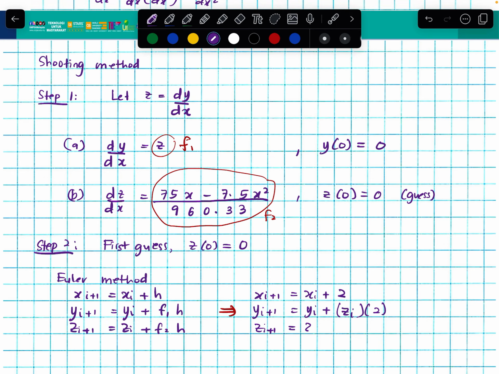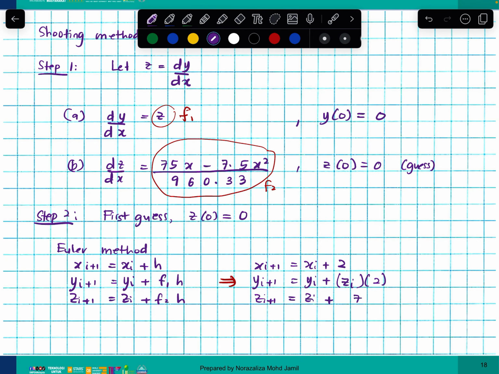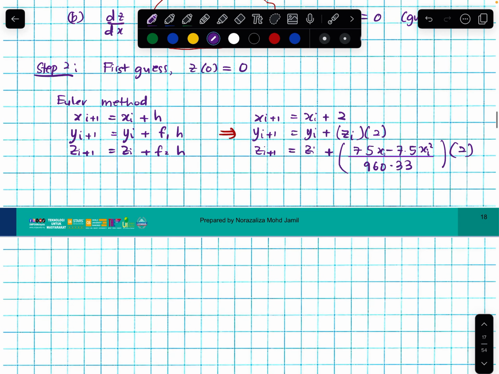z(i+1) is z(i) plus f2. What is your f2? The whole fraction over this value is f2. Remember to put subscript i on each variable, and multiply by the step size. So we will use this setup in constructing the table for the Euler method.